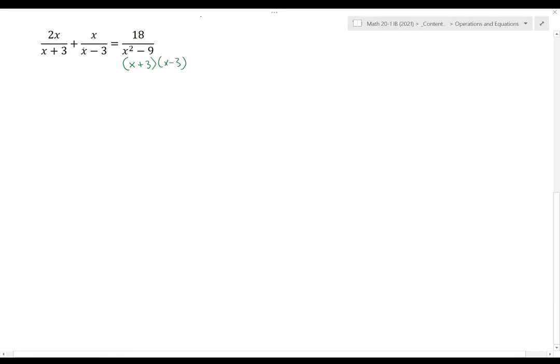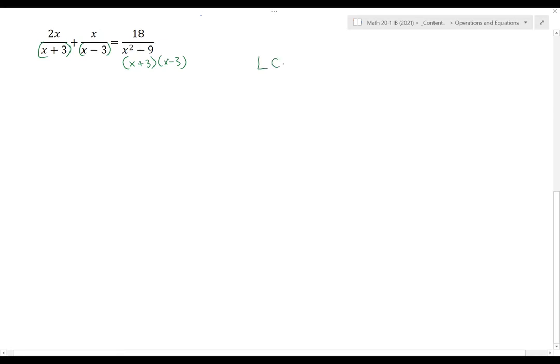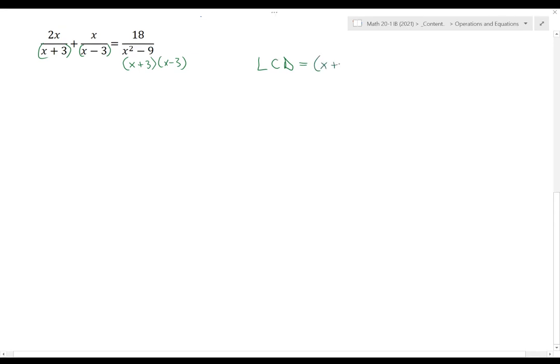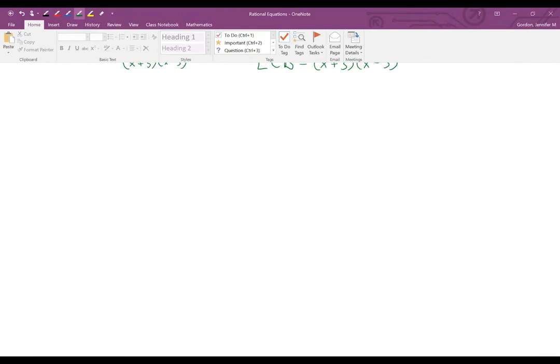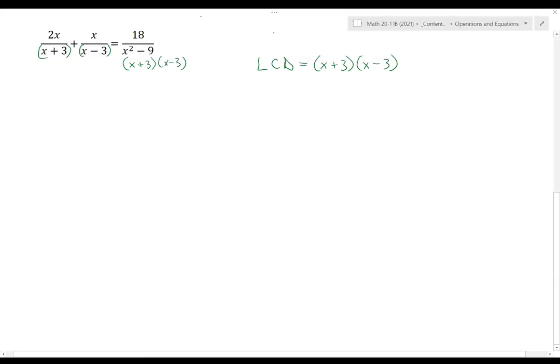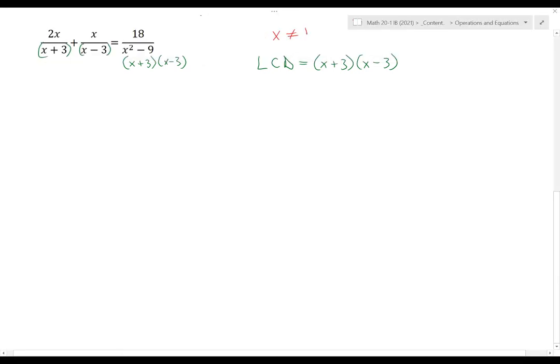And what I note here is that when I factor, I have common factors. So the lowest common denominator is basically the least common multiple of these denominators, which is just x plus 3 times x minus 3. So there's no reason to include x squared minus 9 again because its two factors are already included. I need to factor anyway to figure out non-permissible values. So x does not equal positive or negative 3 in this case.